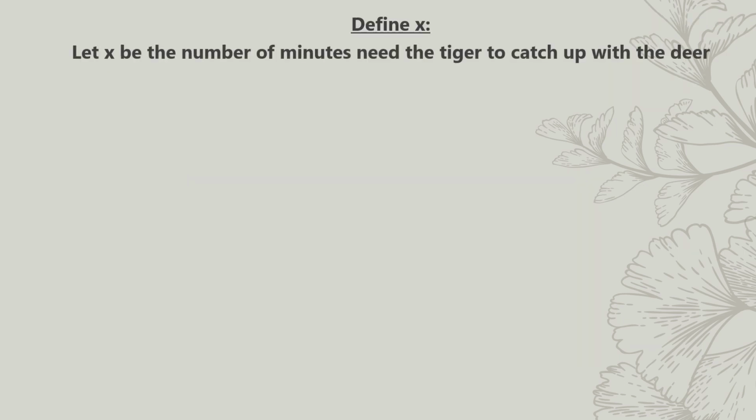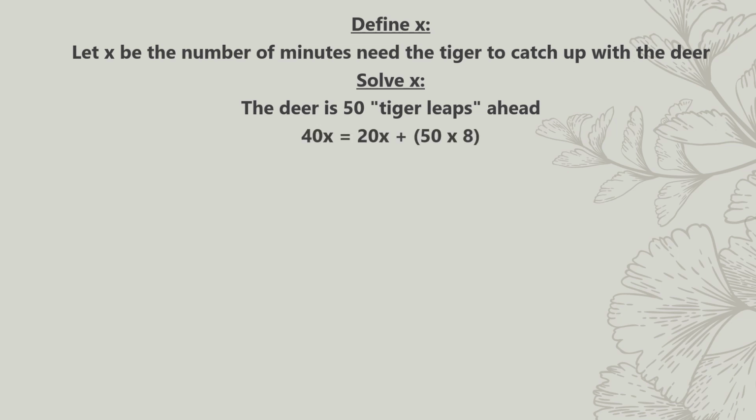Hence, here we are taking x as the minutes needed for the tiger to catch the deer. So we are making an equation for x. Here 40 is the distance traveled by the tiger in 1 minute and 20 is the distance traveled by the deer in 1 minute. So 40x means the distance traveled by the tiger in 1 minute into the time, which equals 20x plus 50 into 8. 50 is the leaps behind the deer that the tiger needs to cover.